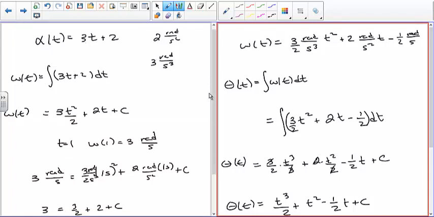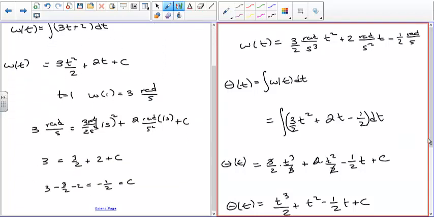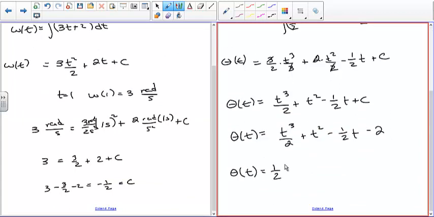So that was radians per second cubed. So we're going to have radians per second cubed times t cubed plus 1 radian per second squared times t squared minus 1/2 radians per second times t minus 2 radians.